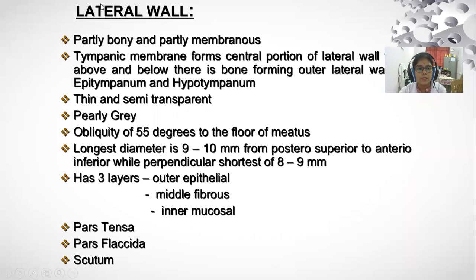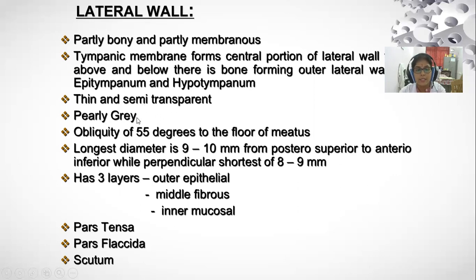Now coming to the lateral wall. The lateral wall is formed partly by bone and partly it is membranous. The tympanic membrane forms the central portion of the lateral wall. Above and below there is bone forming the outer lateral wall, and then there is epitympanum and hypotympanum. The tympanic membrane is thin and semi-transparent.